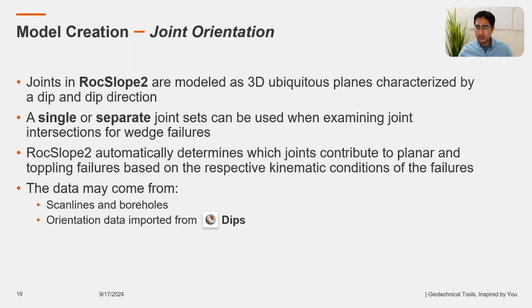So once we're done setting and defining our joint properties, users are typically interested in defining their joint orientation. Now, this is where RocSlope2 shines, because in RocSlope2, joints are modeled as ubiquitous surfaces, again characterized by a dip and dip direction.